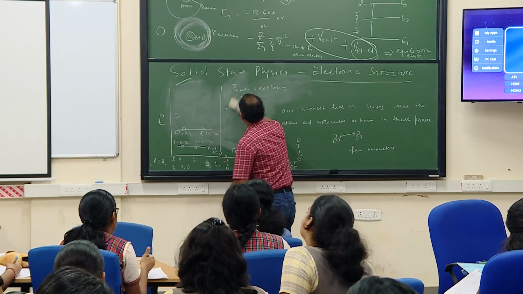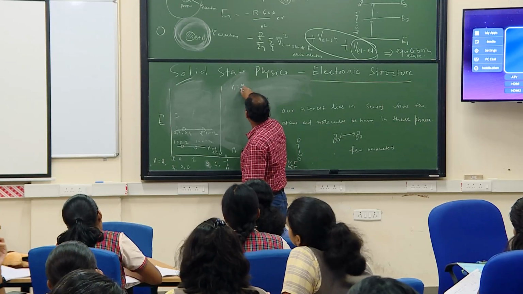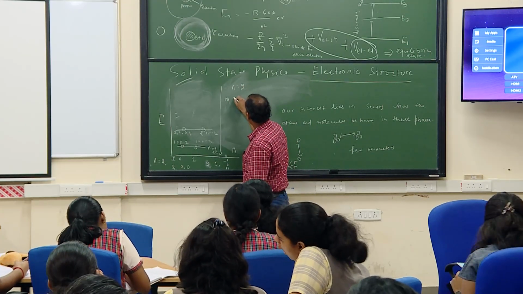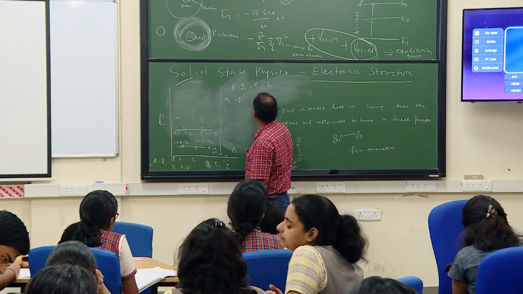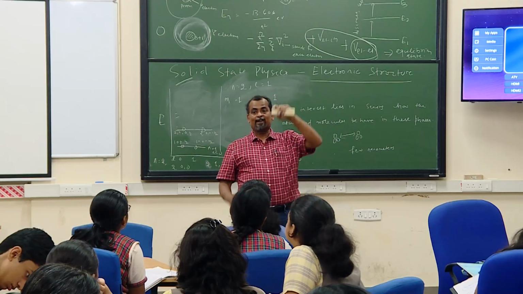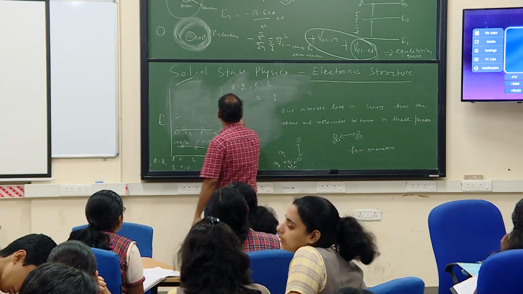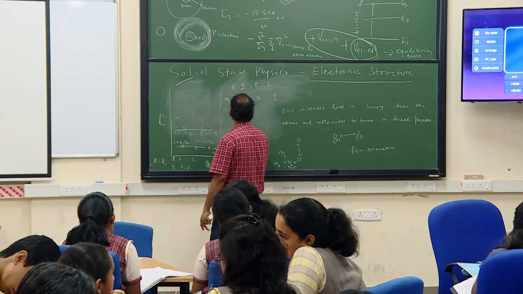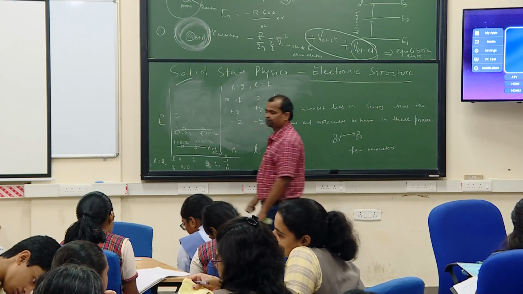I'll write it in a little more detail. M is equal to minus 1, 0, 1. Again, for each of these there are 2 possible spin quantum numbers: plus half, minus half, plus half, minus half, plus half, minus half.